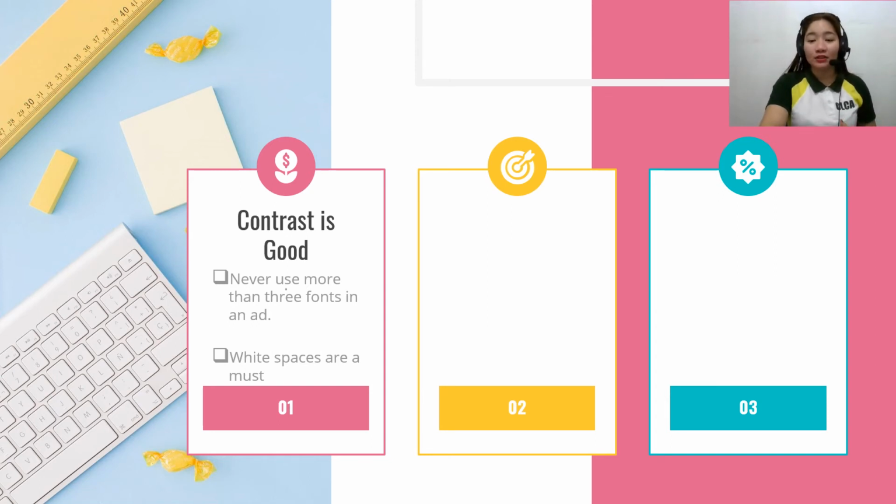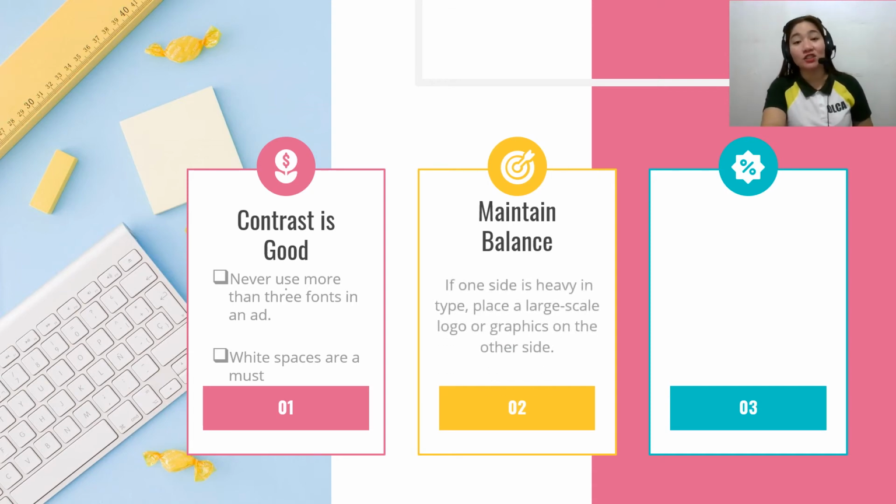Okay, we also have to maintain balance. Okay, so maintain balance, of course, by strategically placing elements such as graphics, type, that's logos, in such a way that your ad flows well and is balanced across the space. Okay, so if one side is heavy in type, okay, place a large scale logo or graphics on the other side.